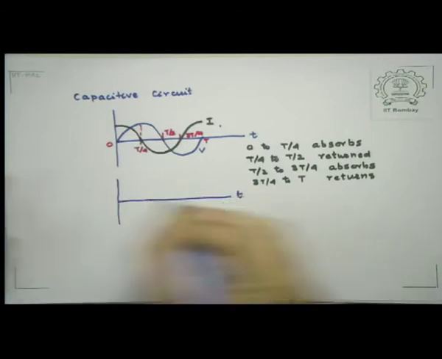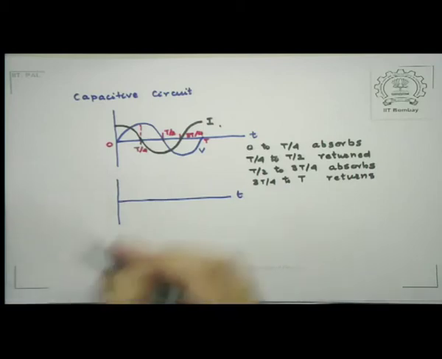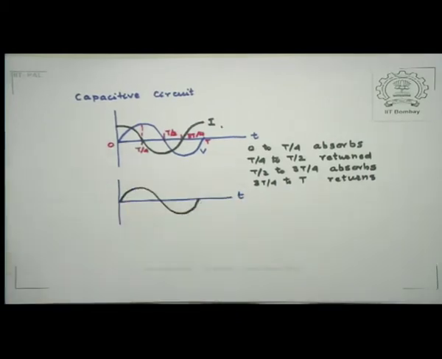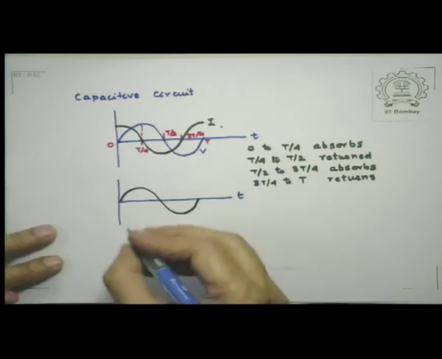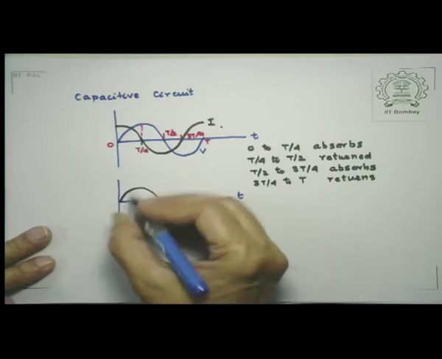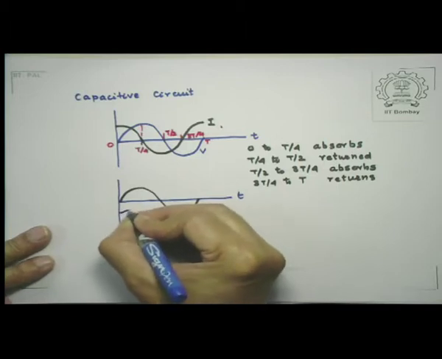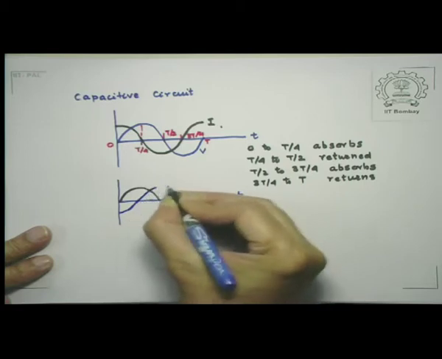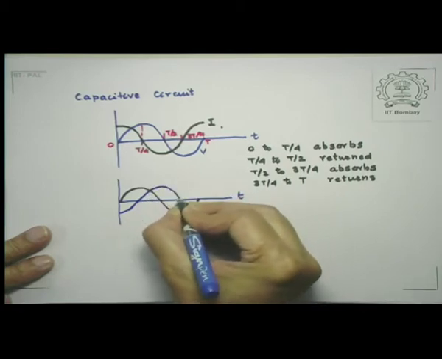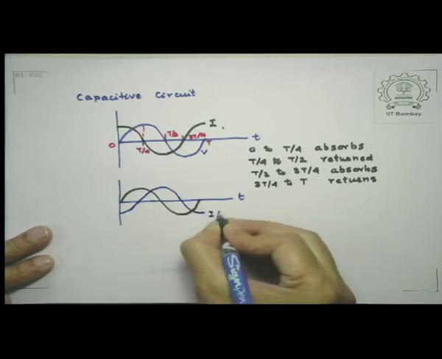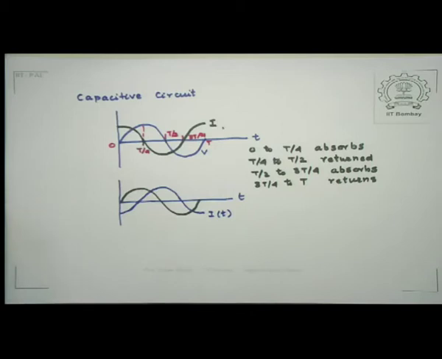So this is T. Once again let's draw our voltage the way we did, but this time because the current lags the voltage, the curve is something like this. So this is I of t and that was V of t.